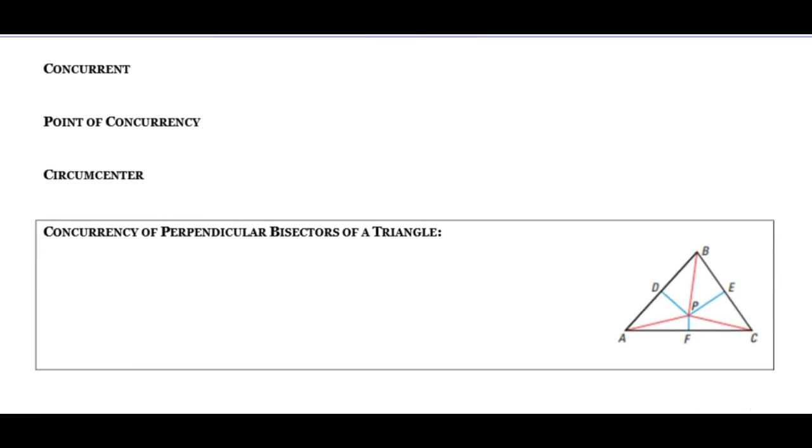Okay, a couple more vocabulary words. We'll be using these two, especially in the next couple sections. But concurrent means when 3 or more lines intersect at the same point. So think about a place where maybe 3 or 4 roads intersect, more than just a regular 2 roads crossing.